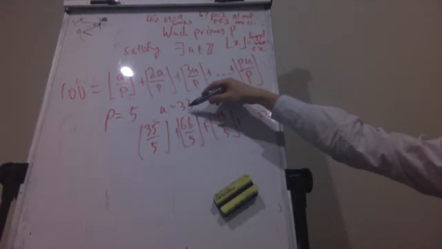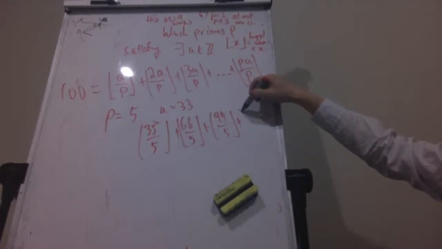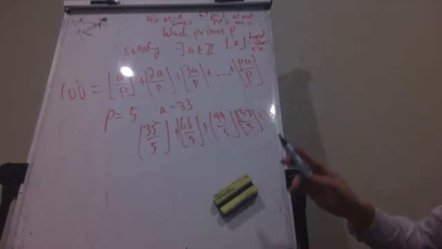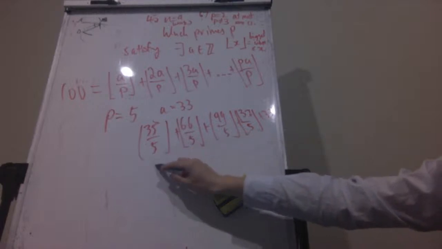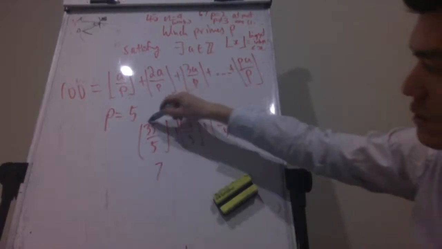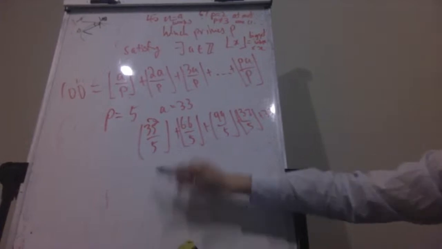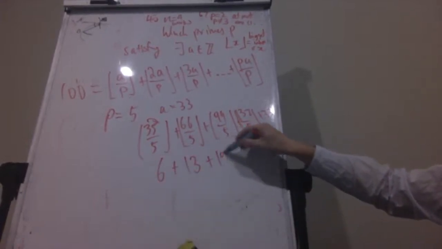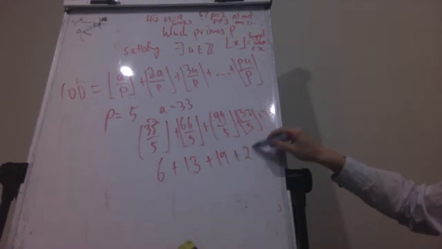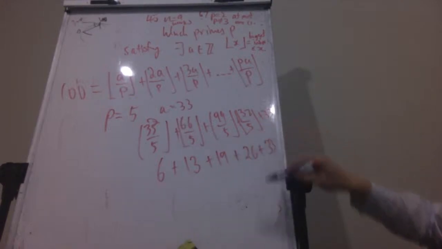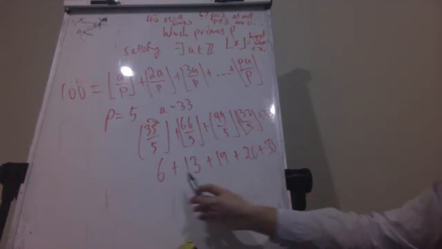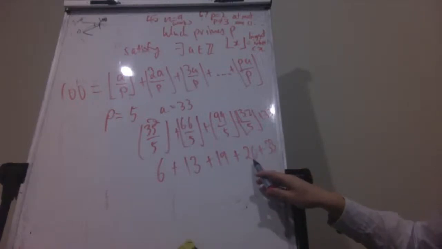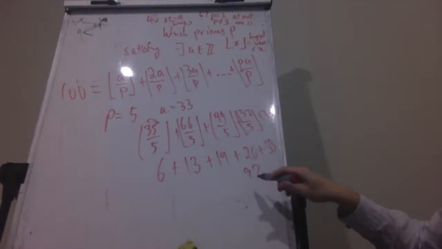So it's 6 plus 13 plus 19 plus 26 plus 33, which is 97, right?